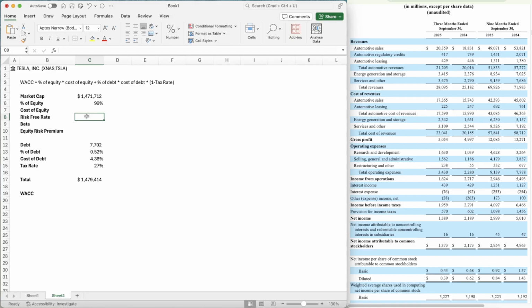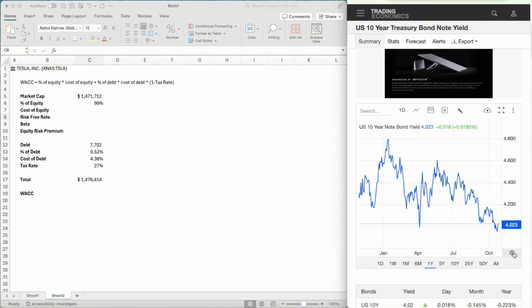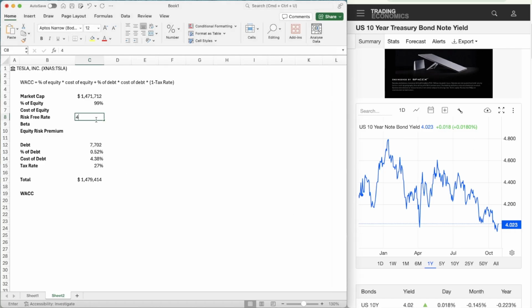Now the risk-free rate is, as of today on the 26th of October, 4.023%. Now these two, we have to do a bit more work.